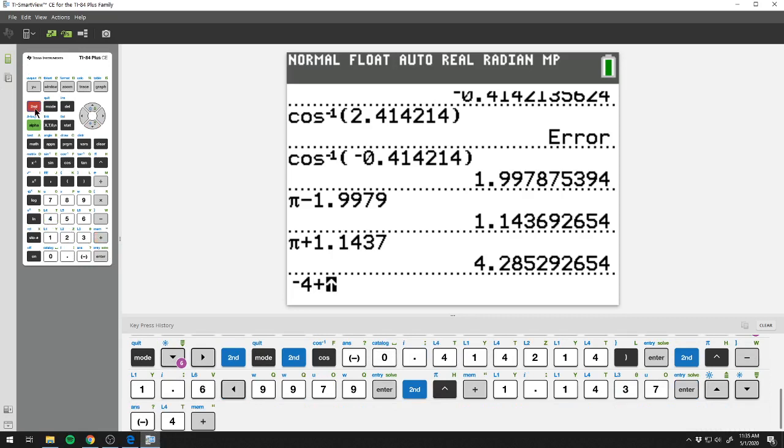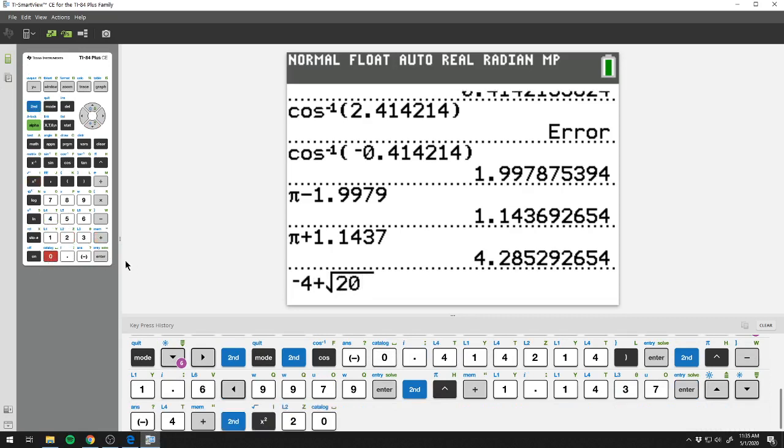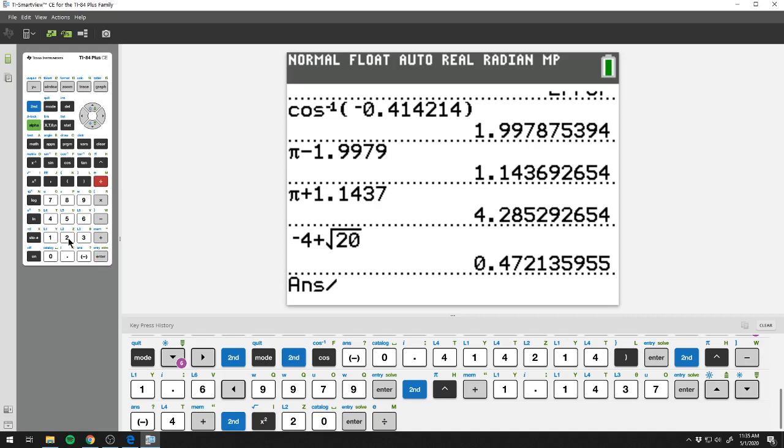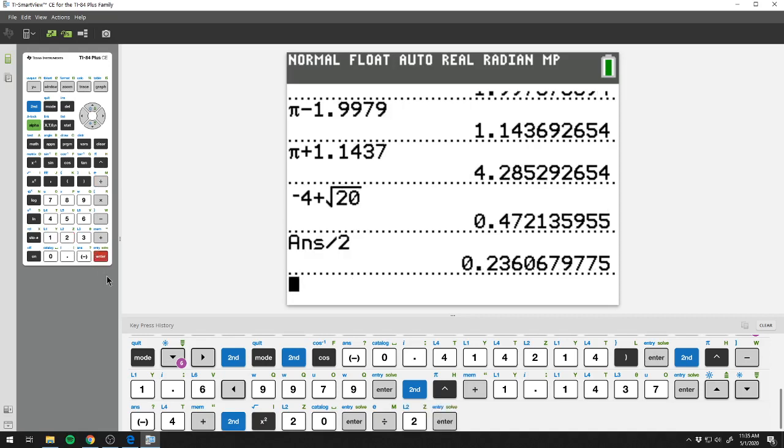So I'm going to go 6 again. We get -4 plus square root of 20 divided by 2, which gives us 0.236068.